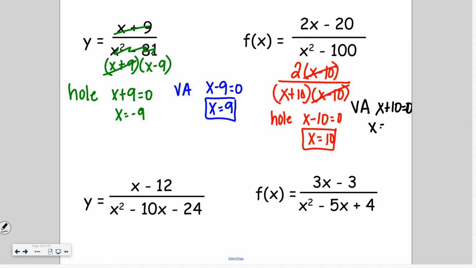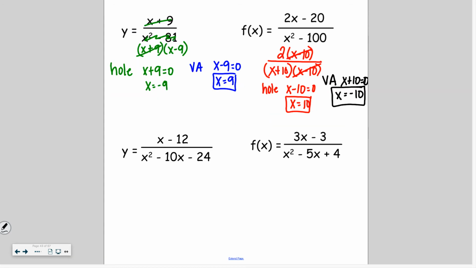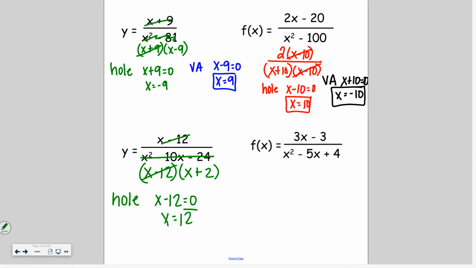So where x is -10. Okay? The next one, we'll factor this. x minus 12, x plus 2. What cancels? The x minus 12. So a hole. x minus 12 is equal to 0, where x is 12. And then we have a vertical asymptote where x plus 2 is equal to 0, so where x is -2.